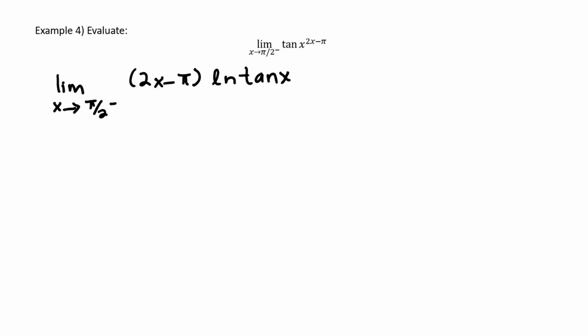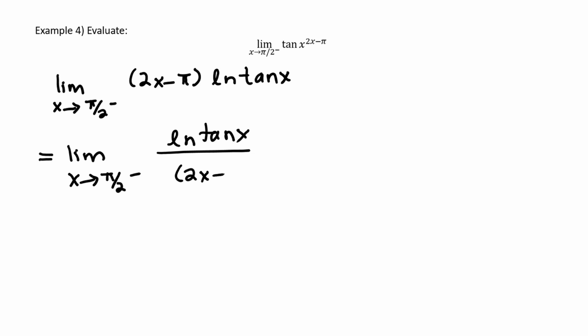Let's rewrite this as the limit as x approaches pi over 2 from the left of the natural log of tangent of x divided by 2x minus pi to the negative 1. So we write it as a reciprocal, and when we do, we get that much coveted infinity over negative infinity. And this tells us we can now apply L'Hopital's rule.